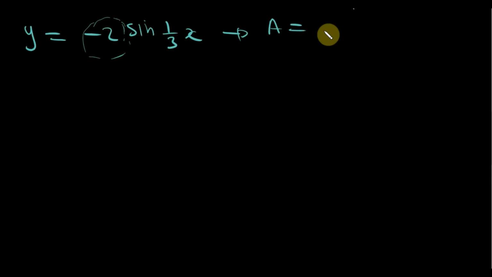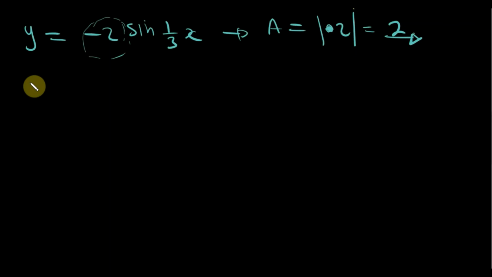In other words, the absolute value of that number. The absolute value of minus 2 is always a positive value. So 2 is our amplitude.